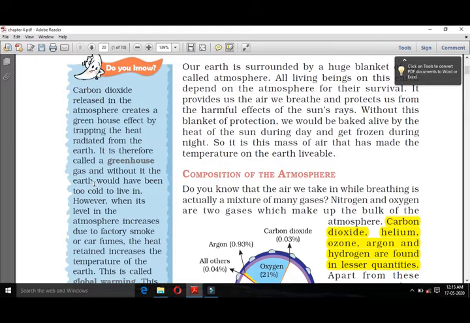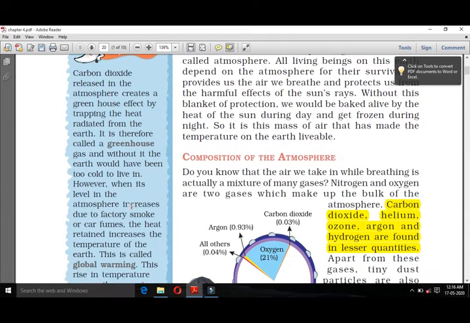The carbon dioxide which we release creates a greenhouse effect which protects the earth from the bad sun rays, and without these gases the earth would be too cold, or otherwise too hot in the daytime.